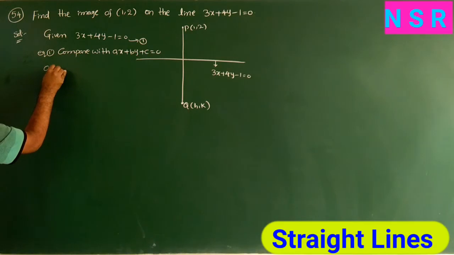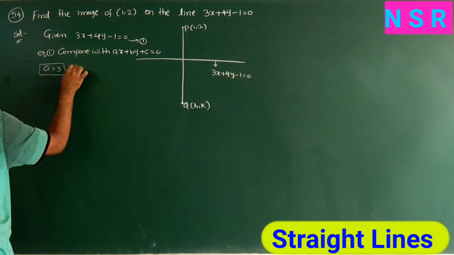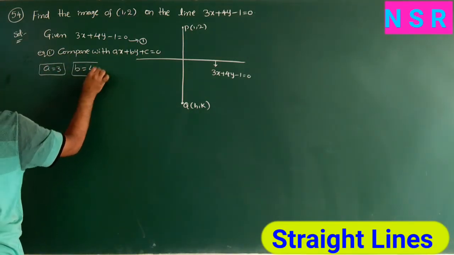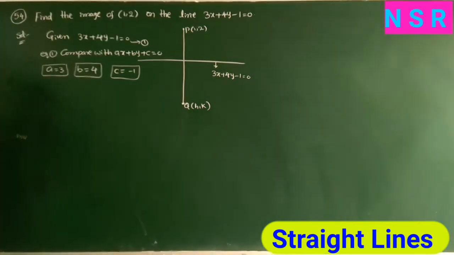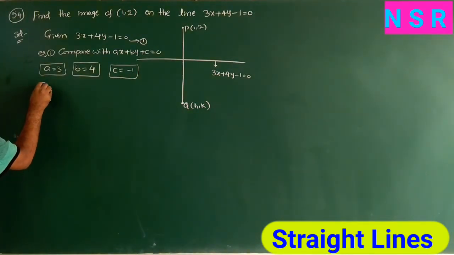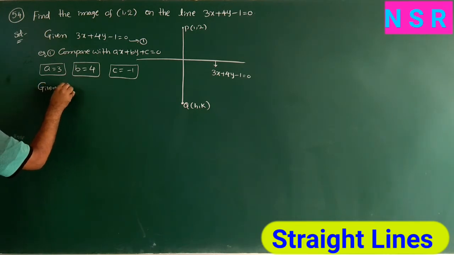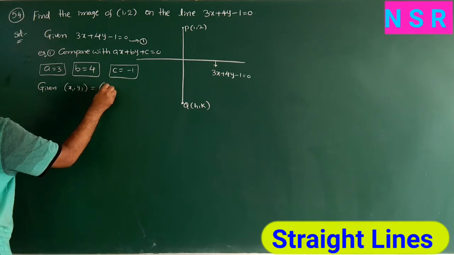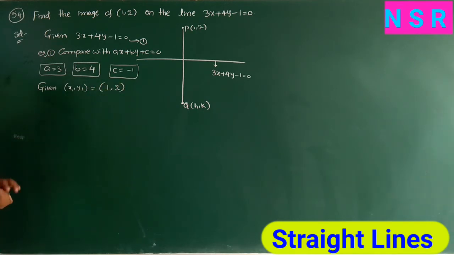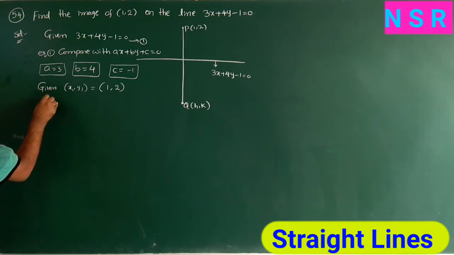So here a equal to 3, b equal to 4 and c equal to minus 1. And also given here the point x1 comma y1 equal to 1 comma 2.